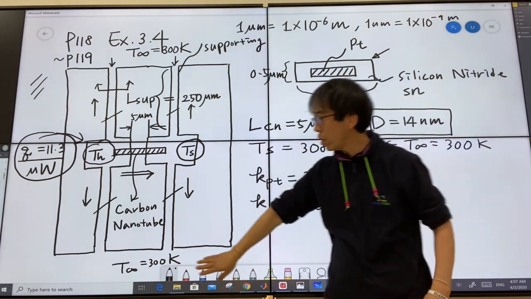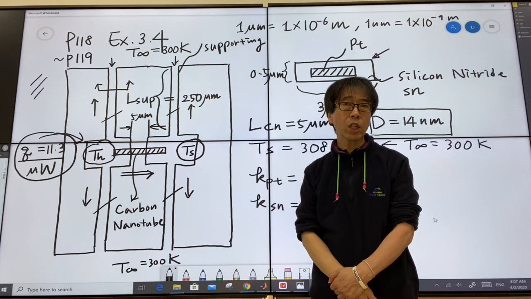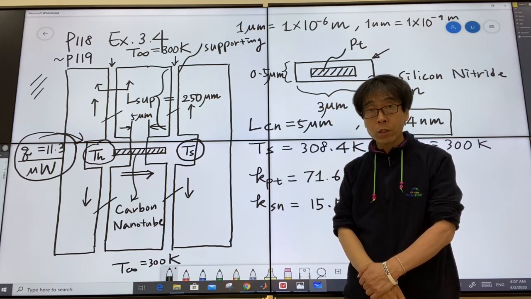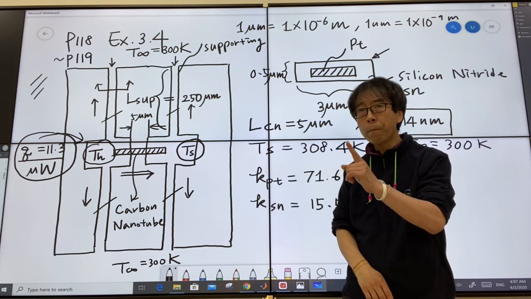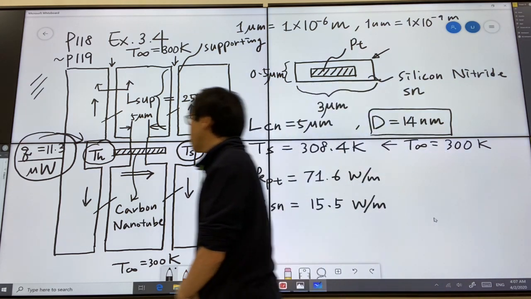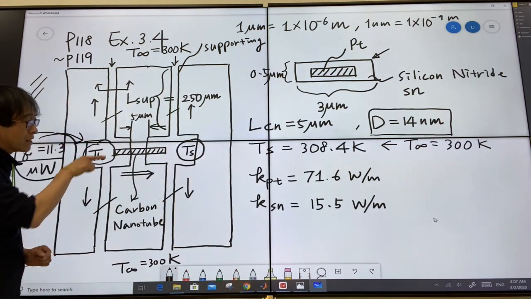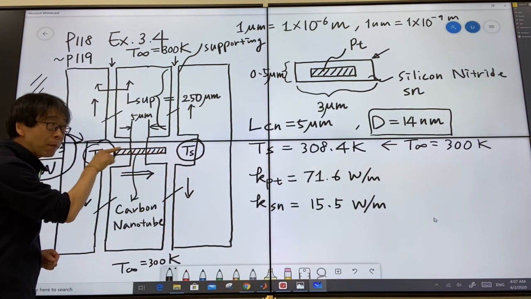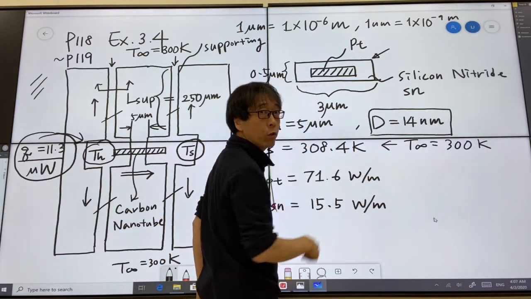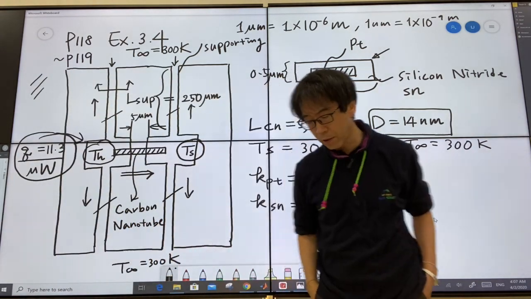If the temperature is constant, would there be any heat conduction? Not at all. So you don't need to be worried about this conduction. So the only possibility of heat transfer is conduction through this little element of carbon nanotube, which has a diameter of only 14 nanometers. Amazing, amazing, right?